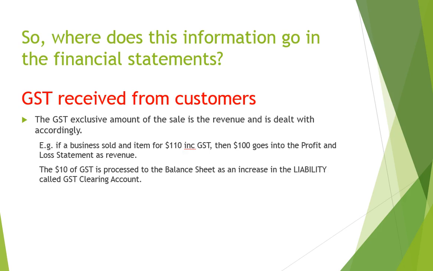The $10 of GST is processed to the balance sheet as an increase in the liability called GST clearing account. So it's just the one account, GST clearing. The increase in the liability is when we collect GST from our customers. Reducing the liability, or the negative liability, is when we have paid it.